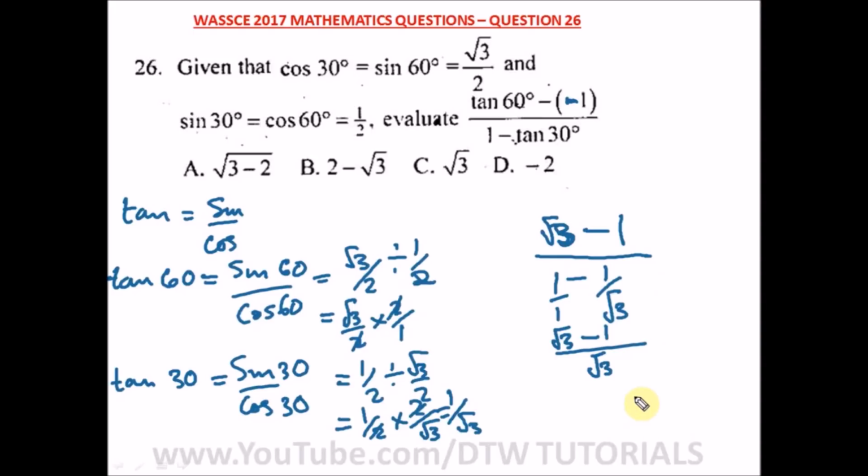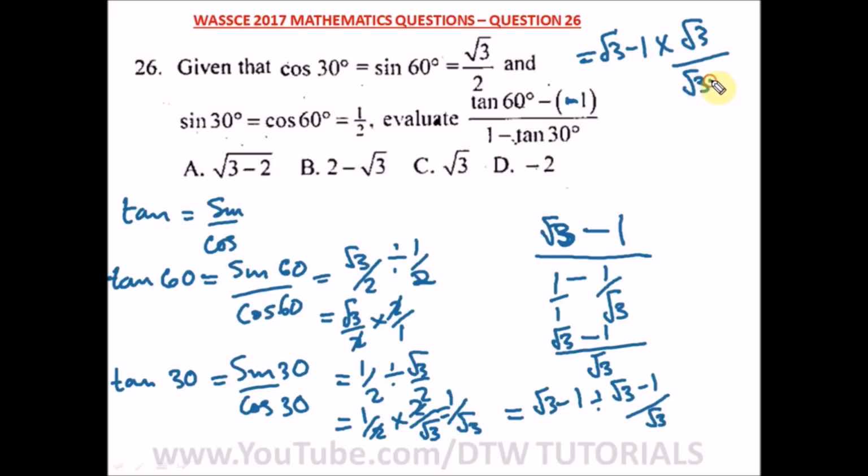So here we have root 3 minus 1 divided by root 3 minus 1 over root 3. So all we need to do here is invert. When we invert, we're going to have root 3 minus 1 times root 3 divided by root 3 minus 1.